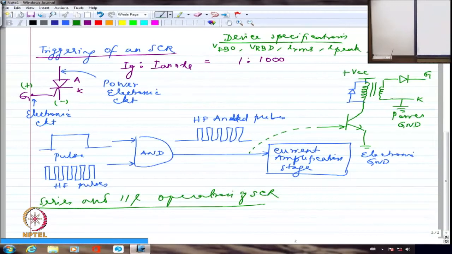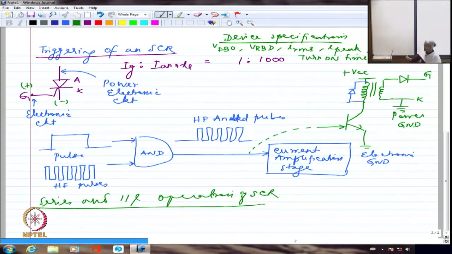Then apart from that, they'll also say how much is IG, how much is the gate current that is needed. Then there is one more thing which will be coming out as turn on time. How long it takes for the device to come into on condition. After I give the gate pulse, does it immediately come on or does it take a little longer? So that is turn on time.